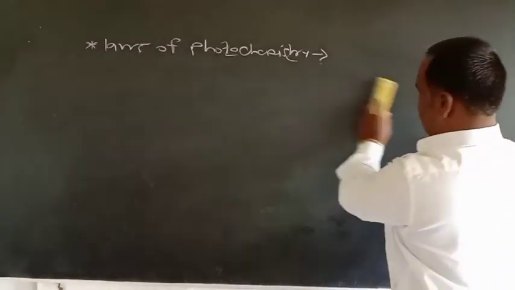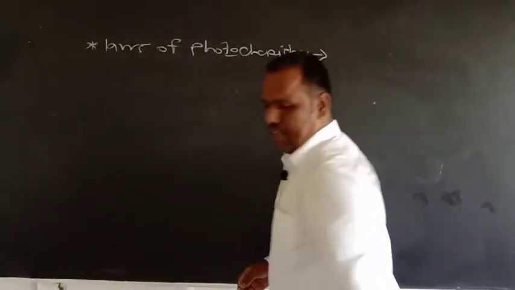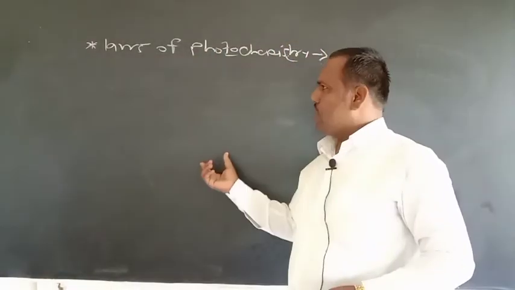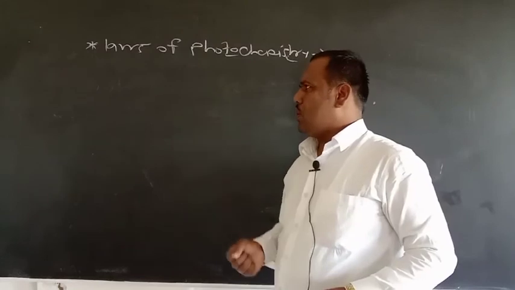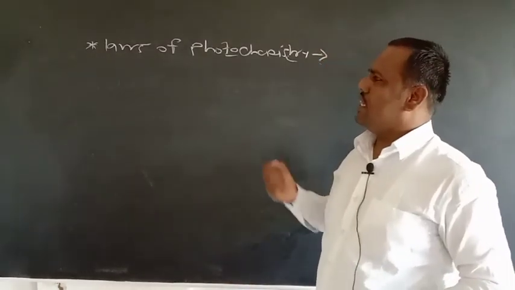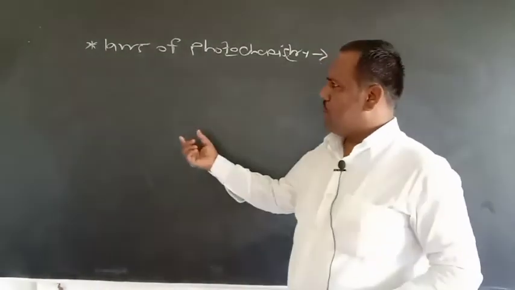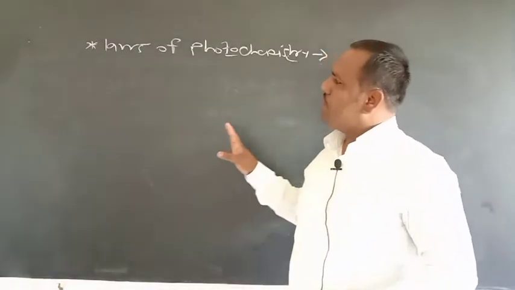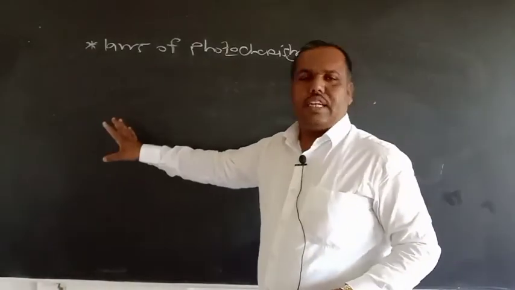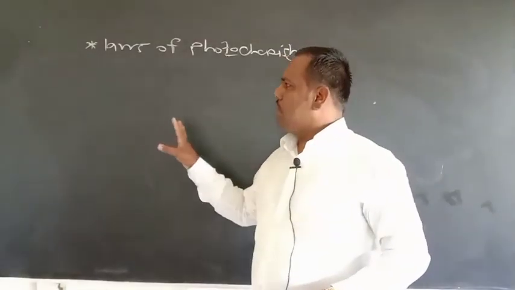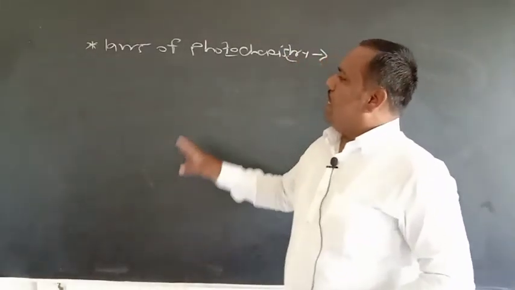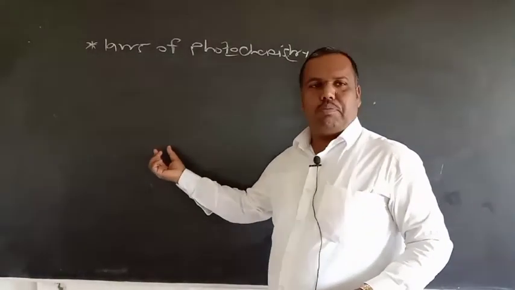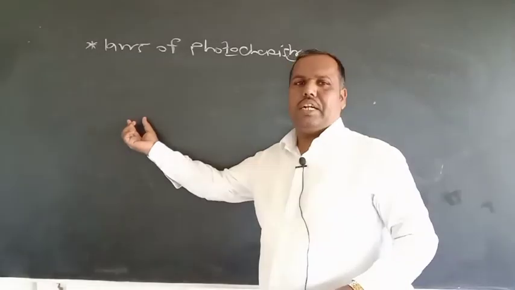So we discussed the two important laws of photochemistry: first is the Grotthuss-Draper law and second is the Stark-Einstein law. According to the Grotthuss-Draper law, not all radiations are responsible for chemical change; only the radiation which is absorbed is responsible. According to the Stark-Einstein law, 1 molecule absorbs 1 quanta of radiation.